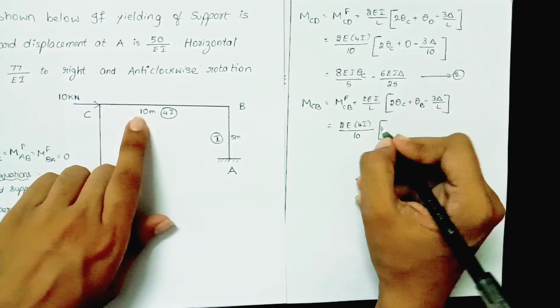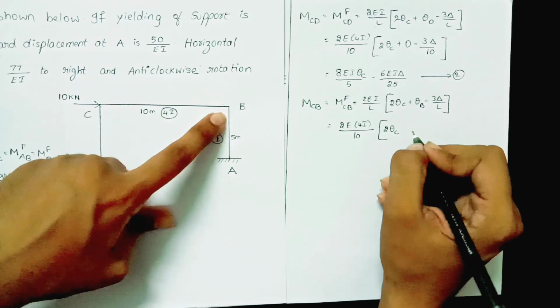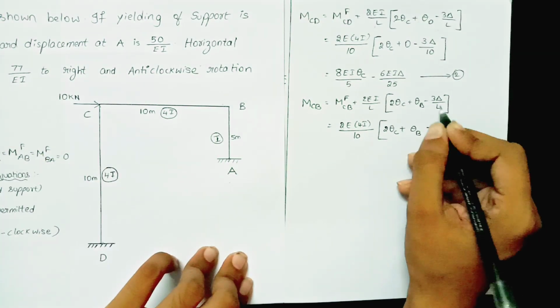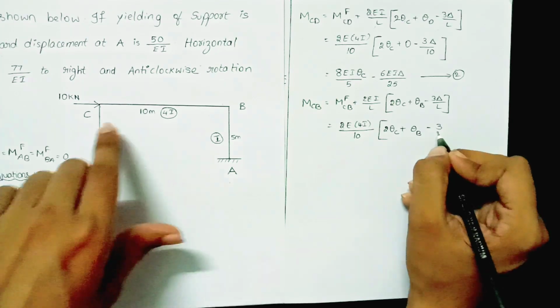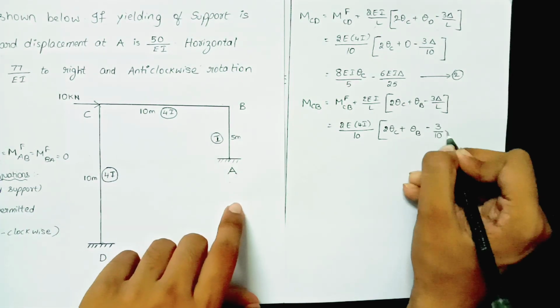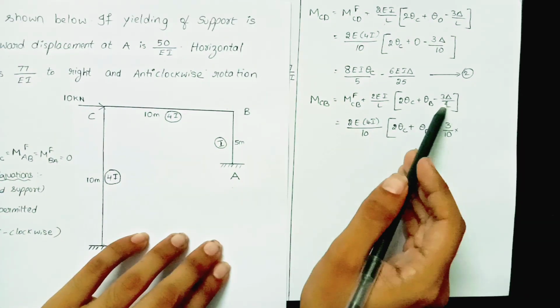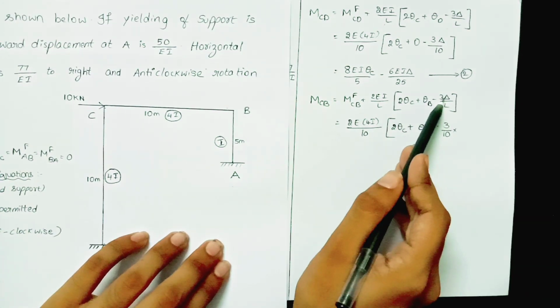And now theta C remains theta C and theta B minus 3 delta divided by length. The length is 10. Now while substituting the value of delta, now the problem is we have to substitute the delta.